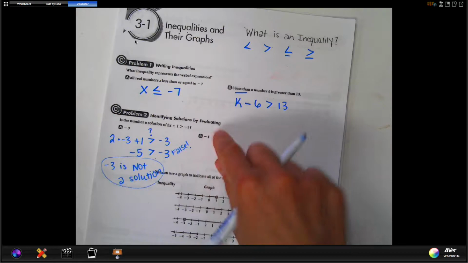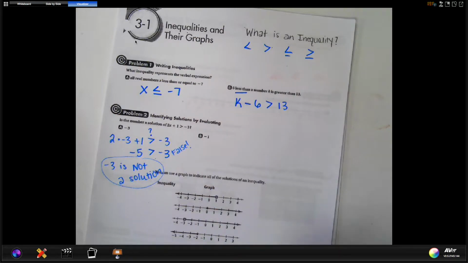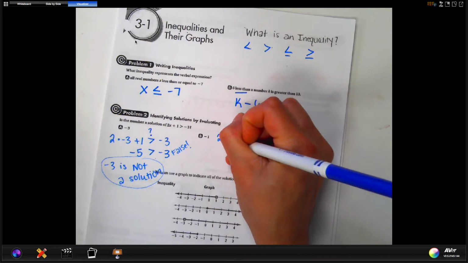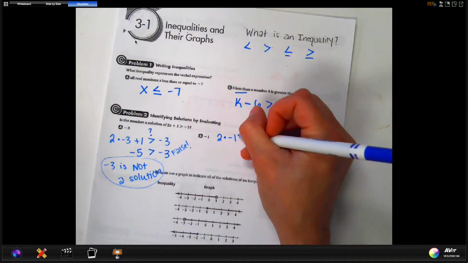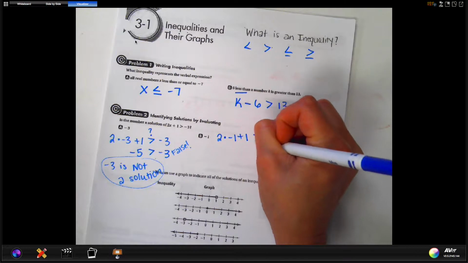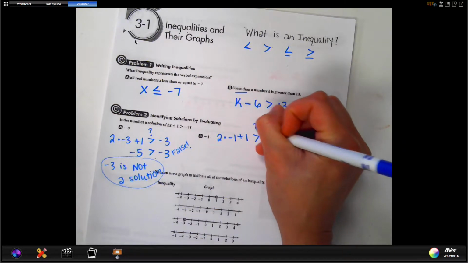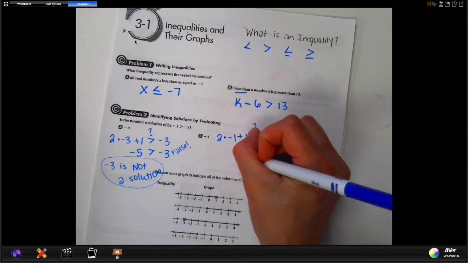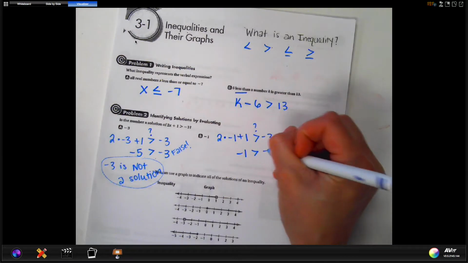Okay, so try -1 then. If you put that in, let's see what a difference that makes. 2 times -1 plus 1 is greater than -3. Is this a solution? So 2 times -1 is what? -2 plus 1 is -1. So now we have -1 is greater than -3.